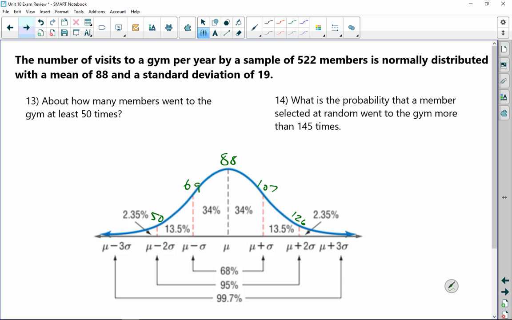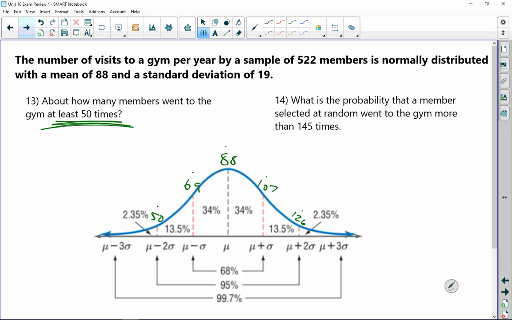Okay, so my first problem is asking for at least what? Okay, now you understand that these numbers are the number of times people are showing up, right? Okay, so at least 50, here's where it gets a little tricky.